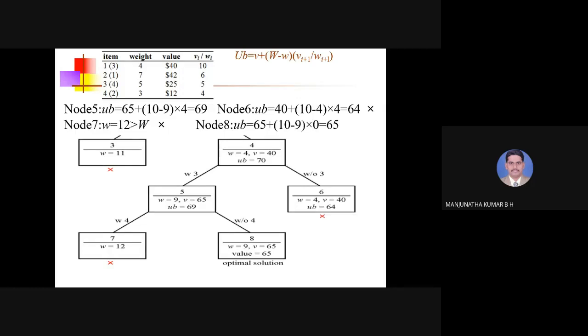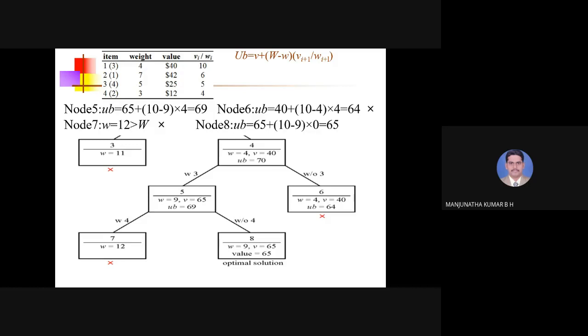The upper bound value for the eighth node is 65 plus 10 minus 9. 10 is the maximum capacity, and the total weight placed in the knapsack is 9. 10 minus 9 into the profit weight ratio of the next item. I am already doing this calculation for the fourth item, so all the items are covered and no more items are left, hence the profit weight ratio is equal to 0.